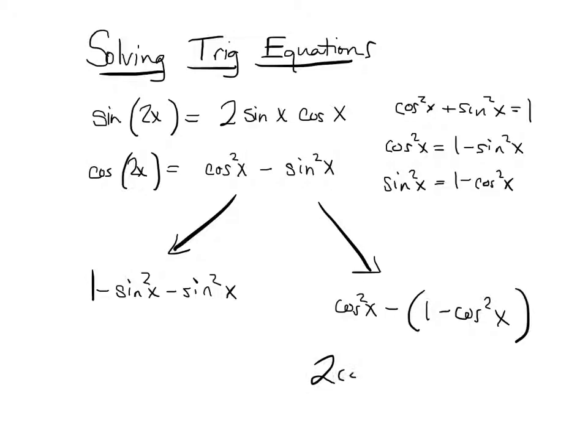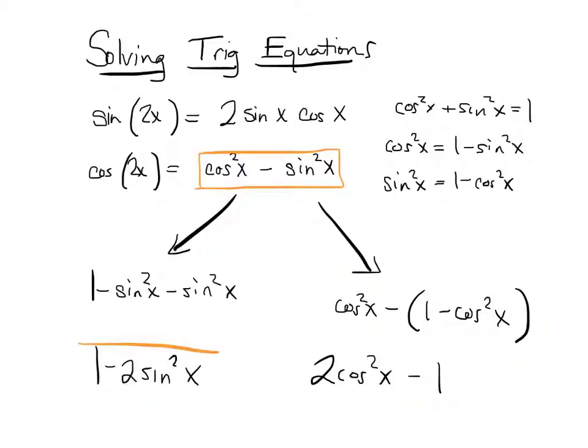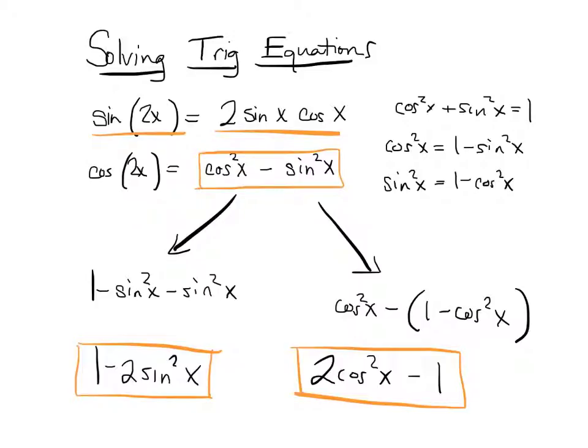So 2 cosine squared x minus 1, or 1 minus 2 sine squared x. Any of these three is available for cosine 2x. But sine 2x is just 2 sine x cosine x.